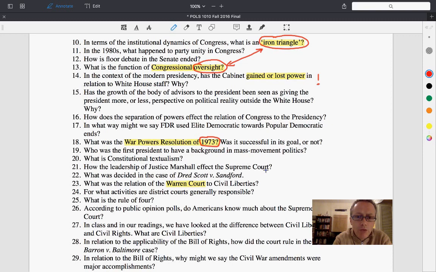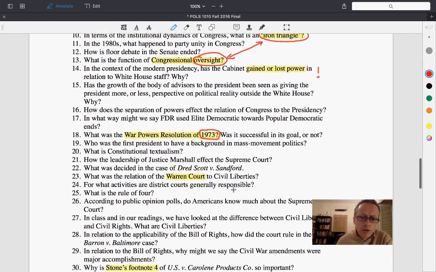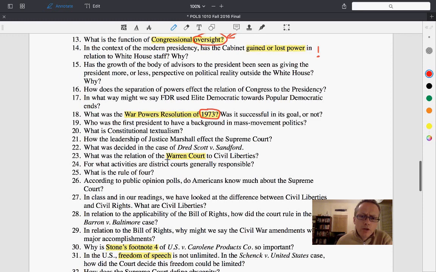Moving on a bit further, we had some interesting discussion about the Supreme Court. Some of these are memorization questions, but the Warren Court question is interesting because it was one of those rare moments in the long sweep of U.S. history where we had a court that broke ranks with previous decisions and made a wide series of decisions that benefited civil liberties and restrained the power of government to take away people's civil liberties.